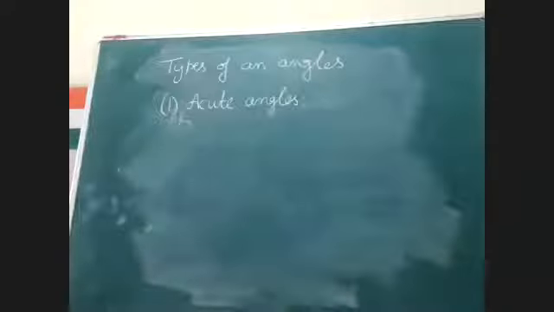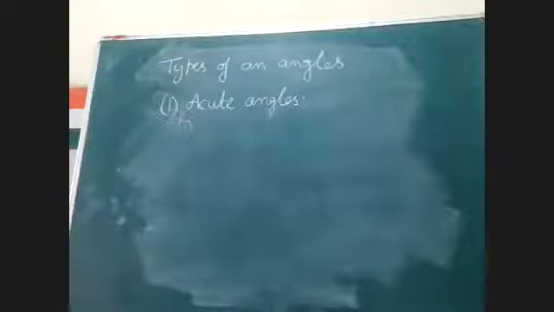So what are acute angles? An acute angle is an angle whose measure is more than zero and less than 90 degrees.